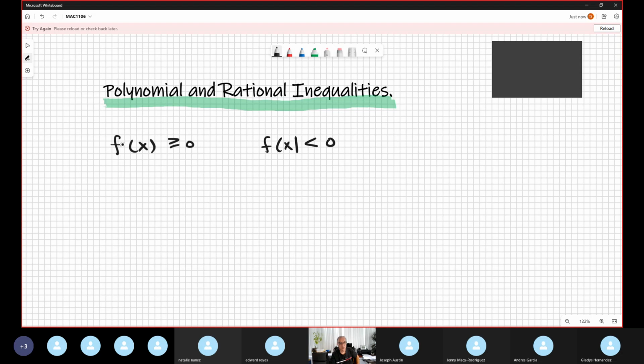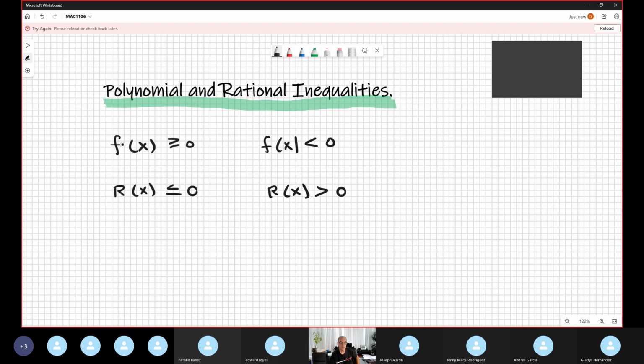So we have a strict inequality and a non-strict inequality. And the function is polynomial or rational. So we have 4 possibilities: greater than or equal, greater than, less than, less than or equal.